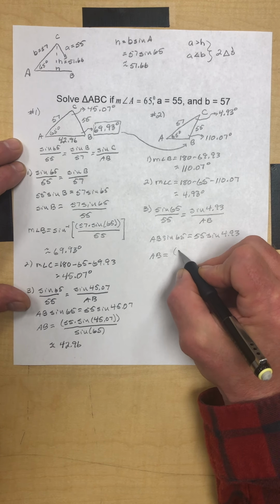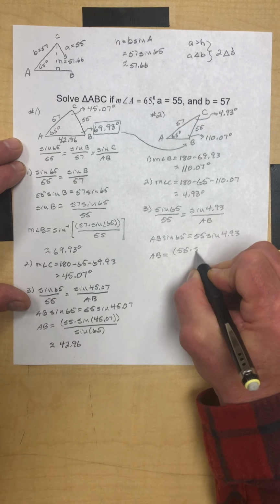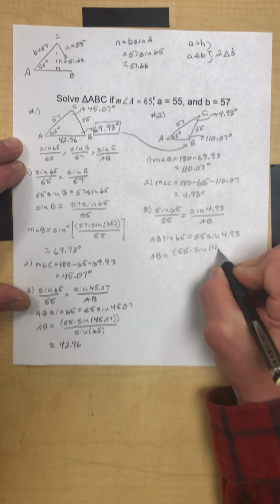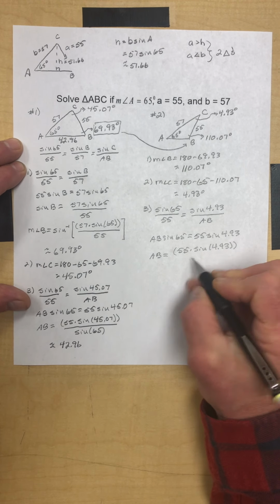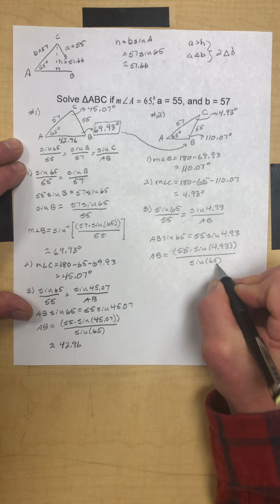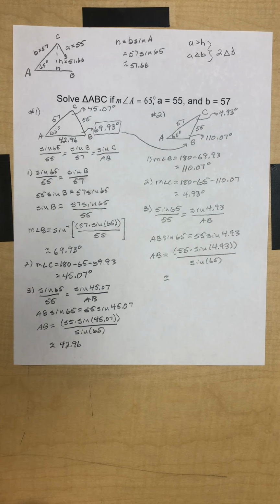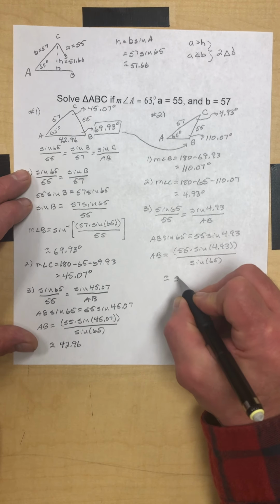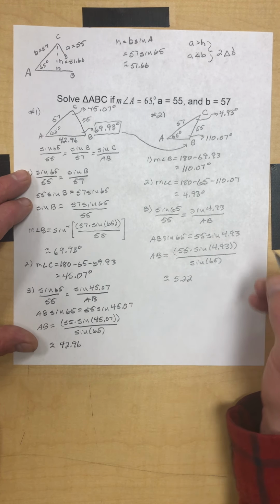Separate the numerator from the denominator: 55 times the sine of 4.93, all divided by the sine of 65. Then just use your calculator. I'm getting 5.22 when it's rounded off to the nearest hundredth.